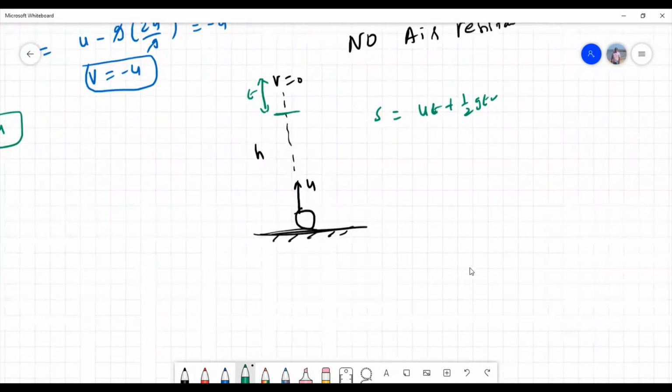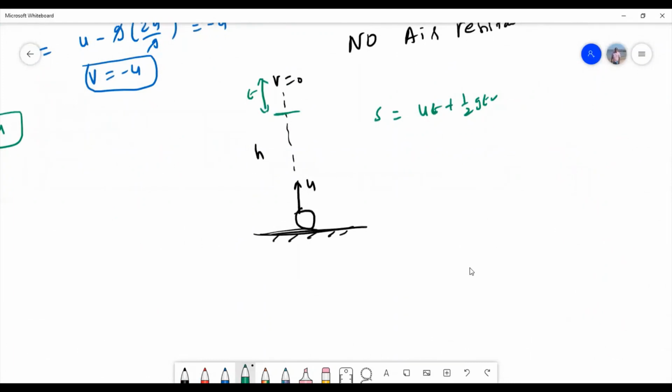If you want the distance covered by a vertically projected body in the last t seconds, we would need to know the velocity at this point. But it is easy if you reverse it. Imagine a freely falling body. As I said, for a freely falling body, the initial velocity is 0 and this is the t second.